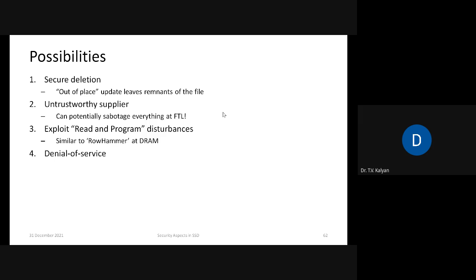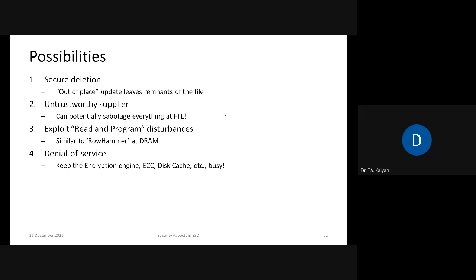There can be very high level denial of service kind of attacks, wherein the different engines that are available on the SSD can be kept busy, either the encryption engine or the error correction. Each of these are working at page level granularity, 4 kilobyte or 8 kilobyte, and they take sufficient amount of time.